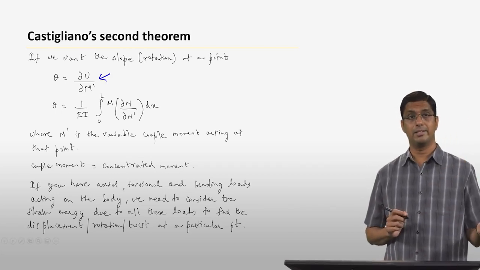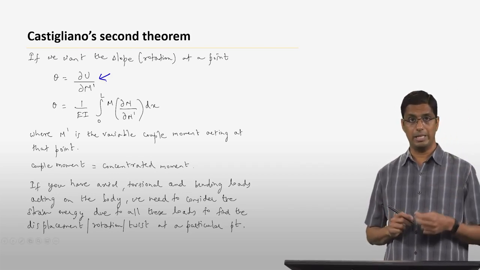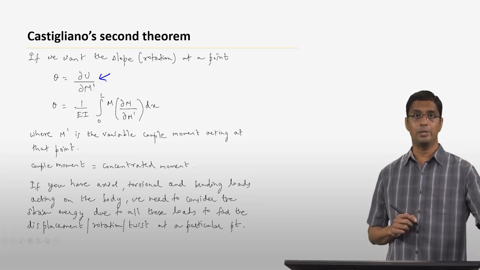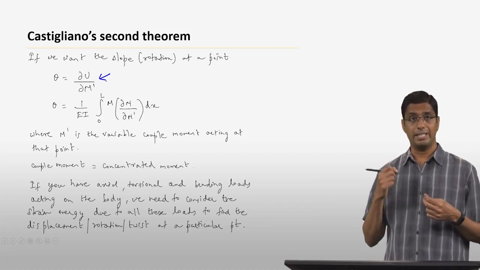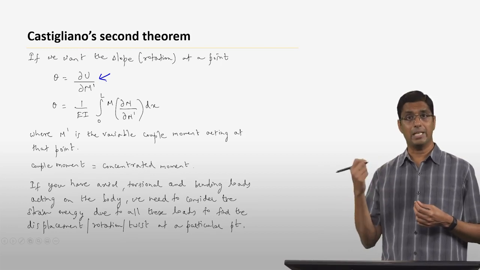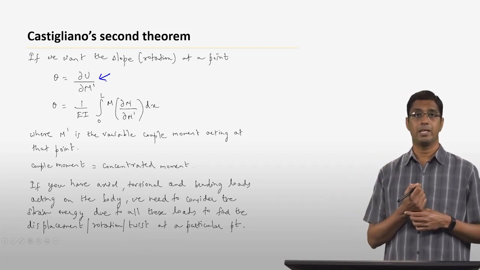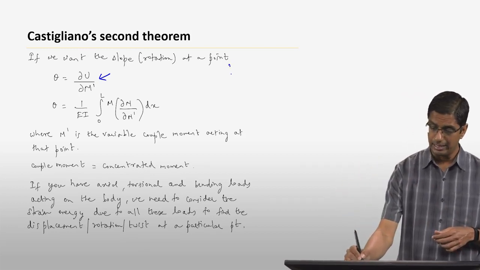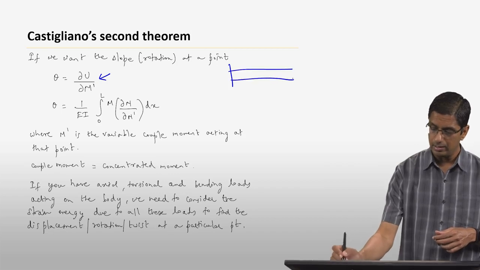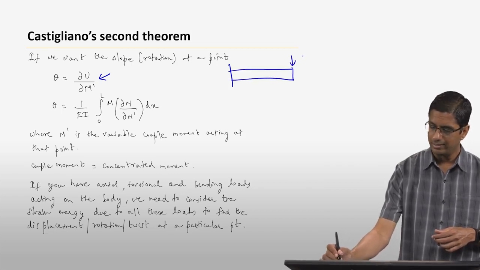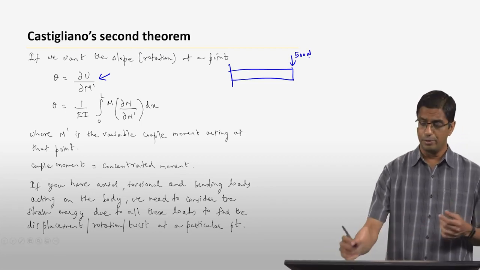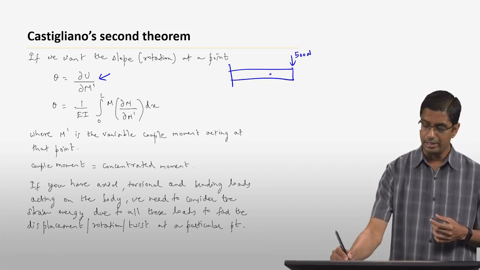So since delta is del u over del p, theta is del u over del m prime, where m prime is the variable couple moment acting at that point. Okay, so you can think of an example like this. Okay, say you have again some force, of say 500 newtons acting there, and say you want to find out the rotation at this point.